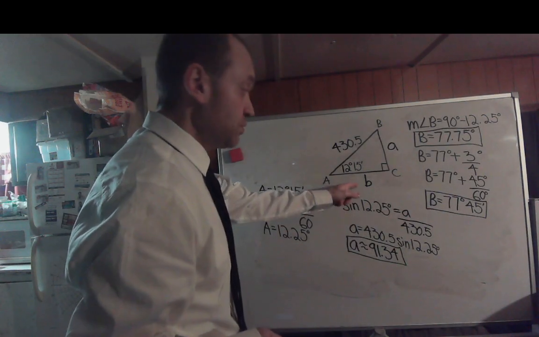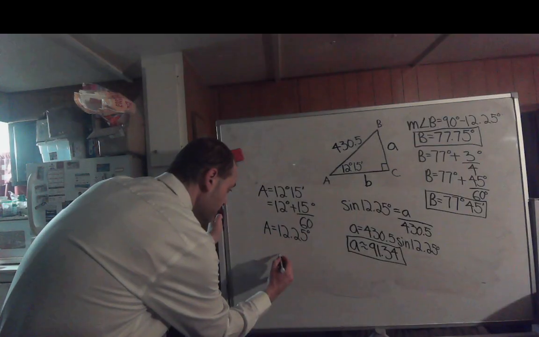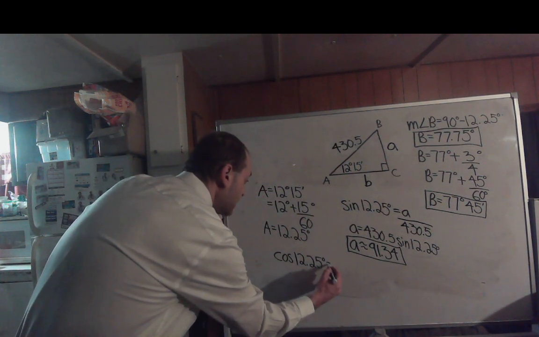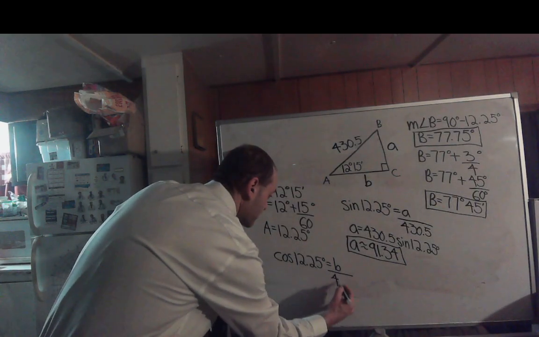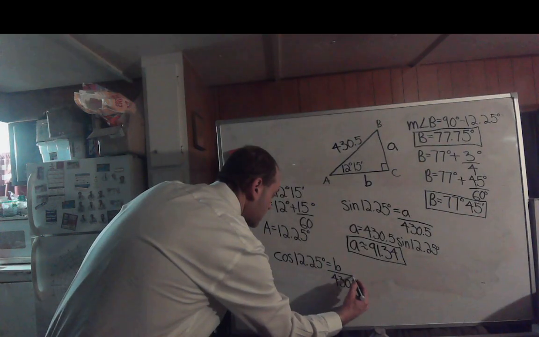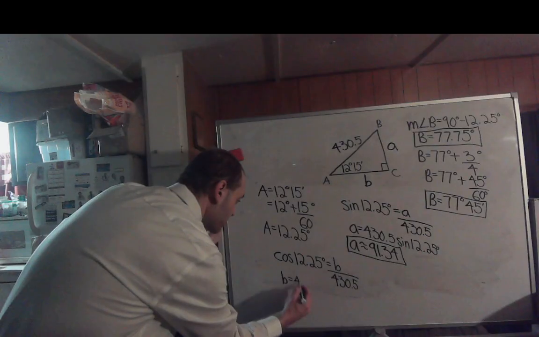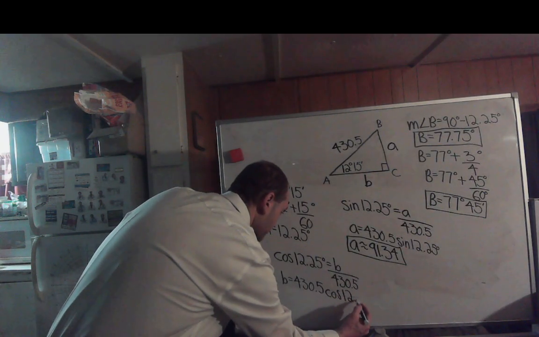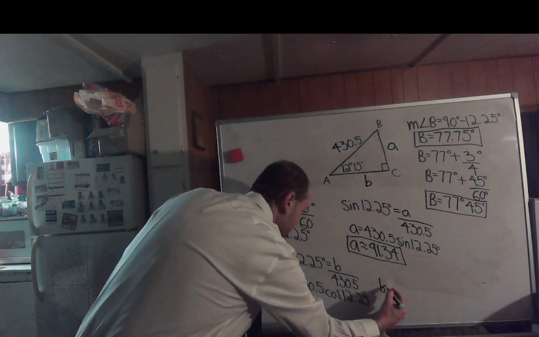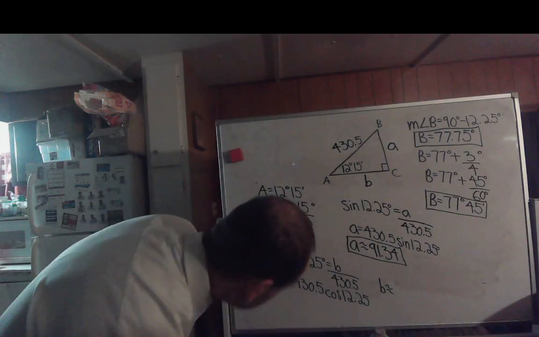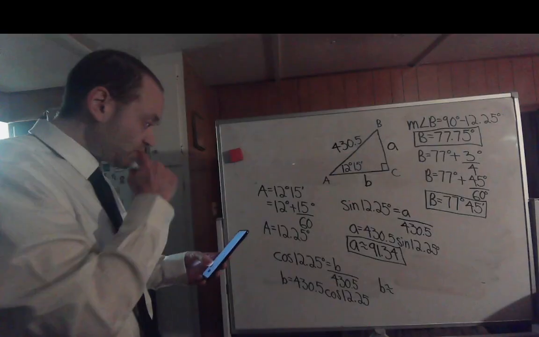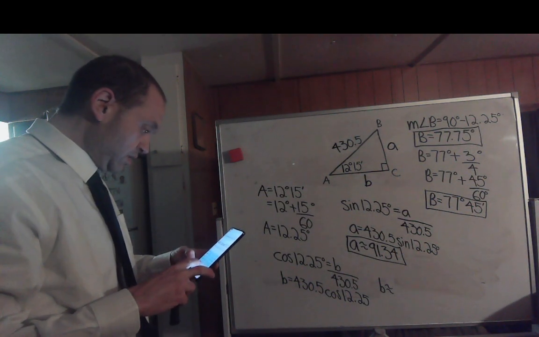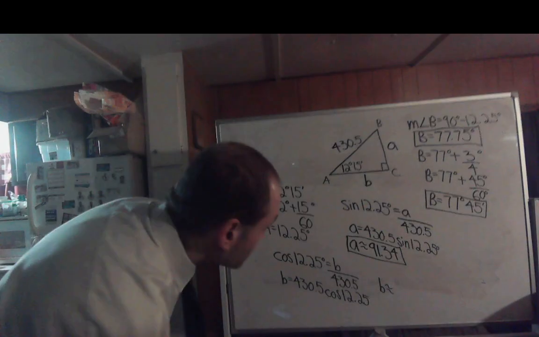That can be found using the cosine ratio of angle A. So this means that the cosine of 12.25 degrees equals that side B over 430.5, which means that B equals 430.5 times the cosine of 12.25 degrees, which means now we should be able to get a 2 decimal place approximation for side B. Which would give you about 420.7.